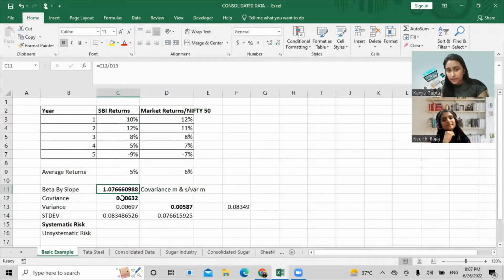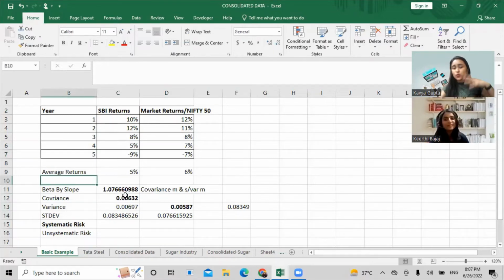Now again, let us go back to basics and see what has happened. When my Nifty 50 fell by 9%, what was the fall in SBI? Can I justify this again? So beta is a two-way thing, guys. It's a two-way deviation. If my beta is more than 1, definitely it will be more risky and more volatile.